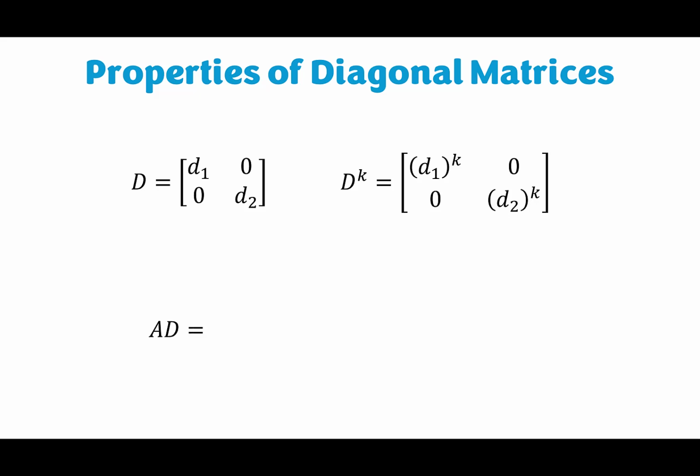Also, if you have a matrix A multiplied by a matrix D, and you can write the matrix A in terms of its columns, maybe there's just 2 columns, so A1 and A2, all you're really doing in that computation is scaling the columns of A by the diagonal entries, D1 and D2. And these properties hold for any size diagonal matrix. So you could have like a 10 by 10 diagonal matrix. So any square matrix that's a diagonal matrix, these properties hold.